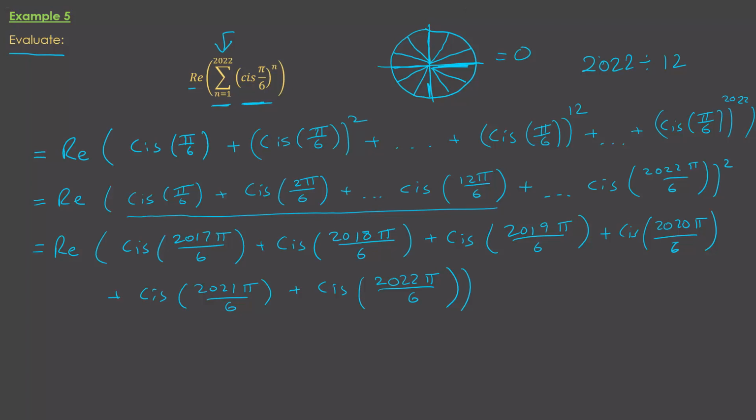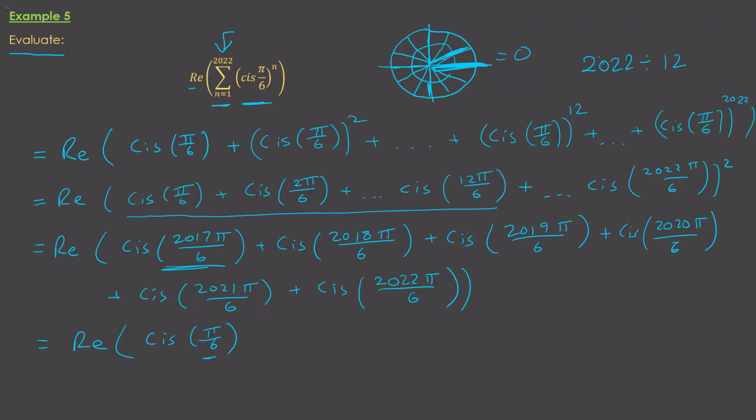Now, we know that 2016 is going to put us back here. And so 2017 is just going to be this one again. So that's actually the same as having cis pi by 6.